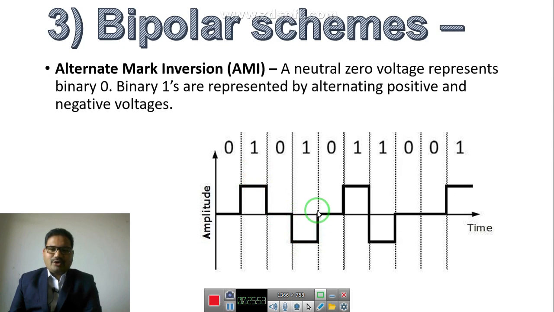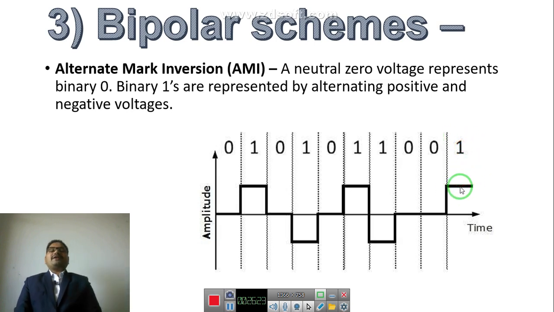Again binary 0 is there, so 0 voltage. The next bit is 1. Earlier it was negative, so alternately it would be positive voltage here. Again the next bit is a 1, so it is represented by negative voltage because the previous voltage was positive. 0 is represented by 0 voltage, and since the next bit is 1, earlier it was represented by negative voltage, so this bit is going to be represented by positive voltage.